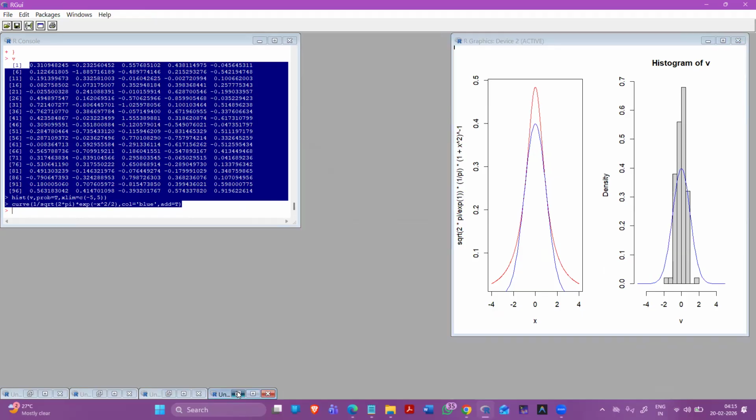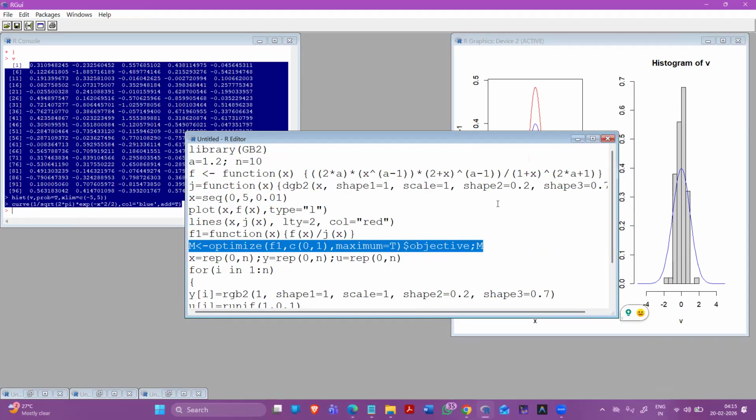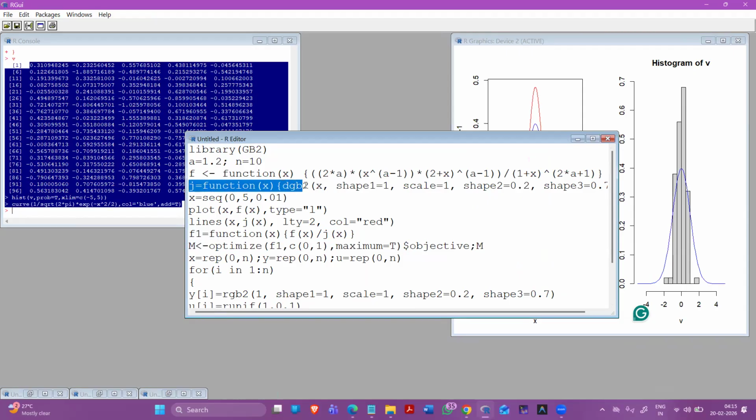Here I had another density function. What I am going to do here is generate my G from the generalized beta distribution of the second kind. Right now, this package GB2 is not working on my laptop, otherwise you can check it yourself.